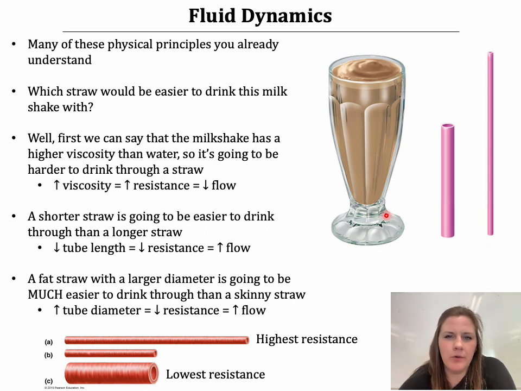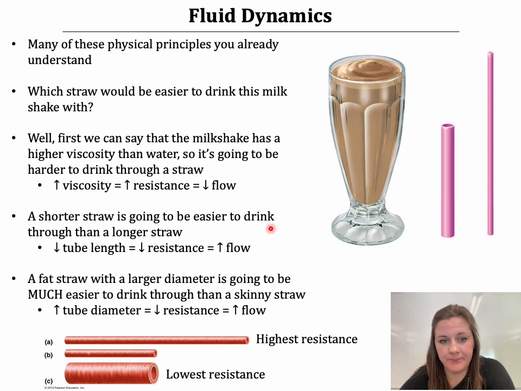Well, we know that water would be easier to drink, right? Milkshake is very viscous, it's very thick, making it more difficult to drink through a straw. So that relationship is true of all fluids. There's an increase in viscosity, there's an increase in resistance, and there's a decrease in flow when it passes through a tube, right?